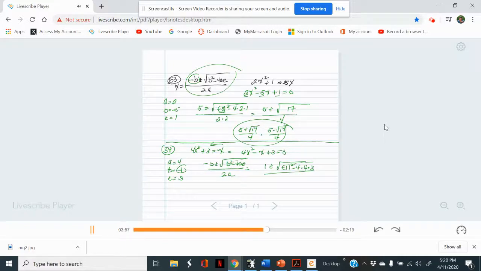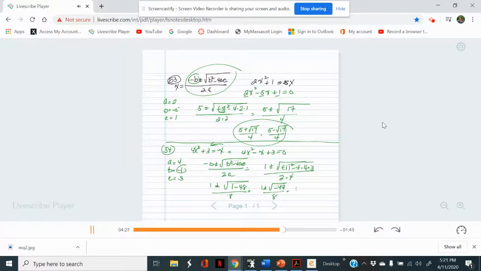All of this divided by 2 times a, which is 4. So I end up with 1 plus or minus the square root. And let's see, if I multiply all this out, this is going to be 1 minus 48 divided by 2 times 4 is 8. This is 1 plus or minus the square root of -47 divided by 8.